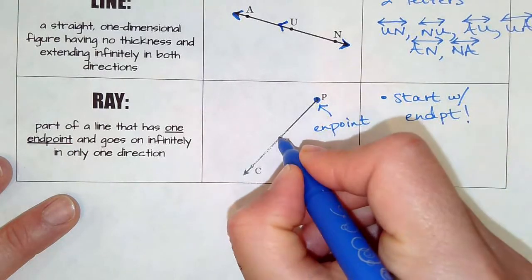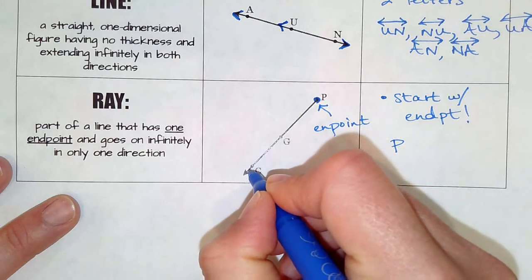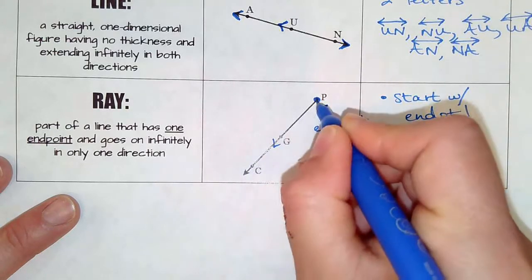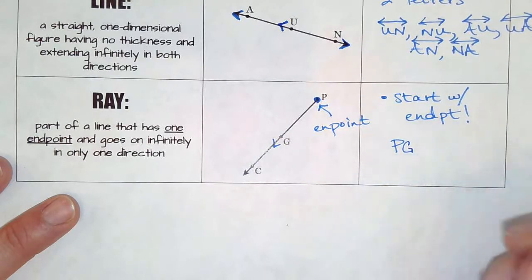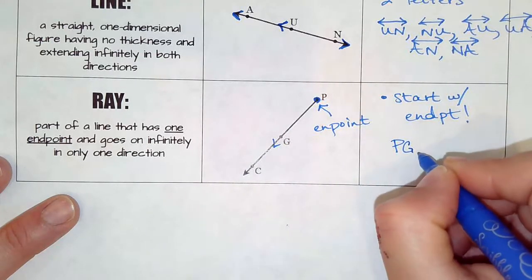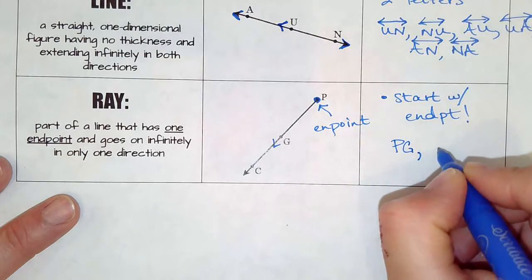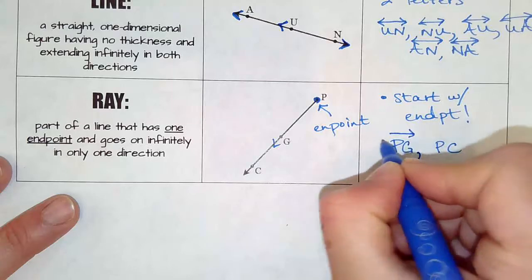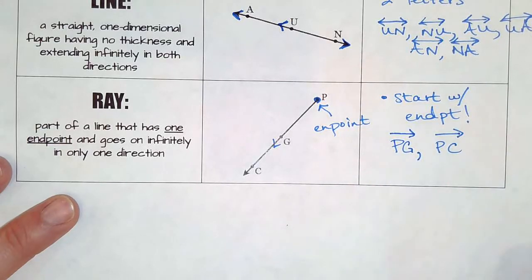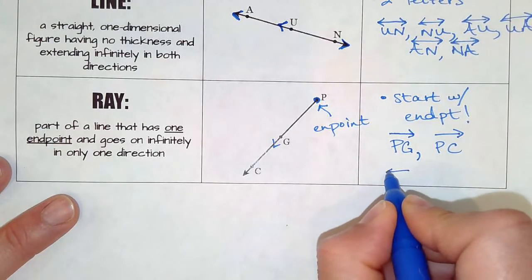You could either call this PG, because again, since this has an arrow, that means this line keeps going forever. So PG would be the same as PC, because there's no way to measure these since it goes on forever. So PG or PC. And then a ray is always going to point to the right. You'll never see the symbol where it goes to the left.